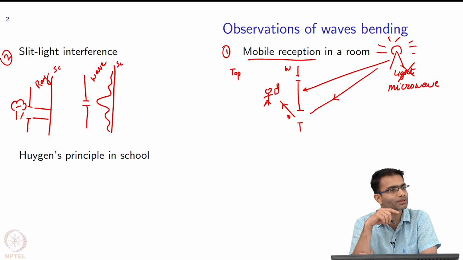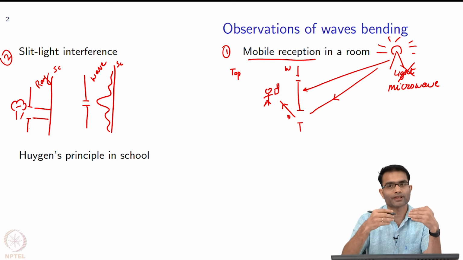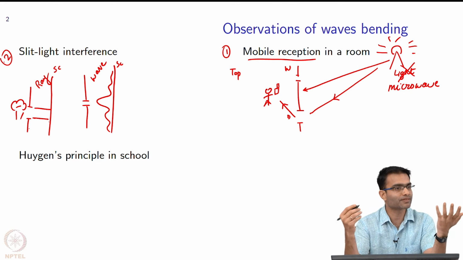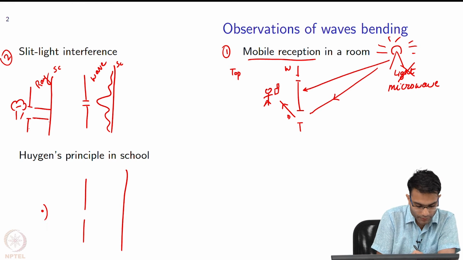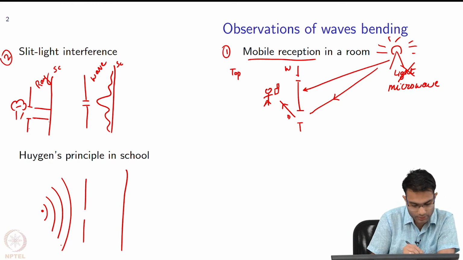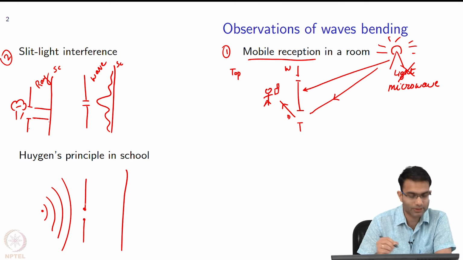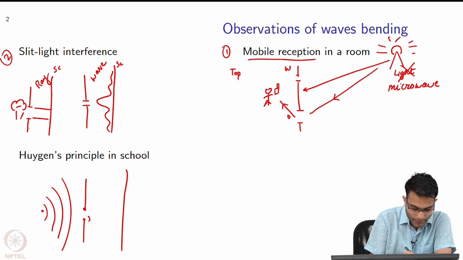Did everyone come across this word in school? The idea was that there is a wave that travels, hits some obstacle, in this case the slit, and there are secondary waves that are generated. So, if I just draw this over here, if I take a light source over here which is sending out waves, so these are the wave fronts. When it hits over here, these two guys become like secondary sources and they start emitting their own waves.